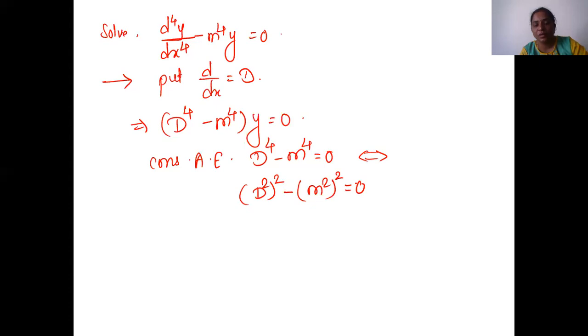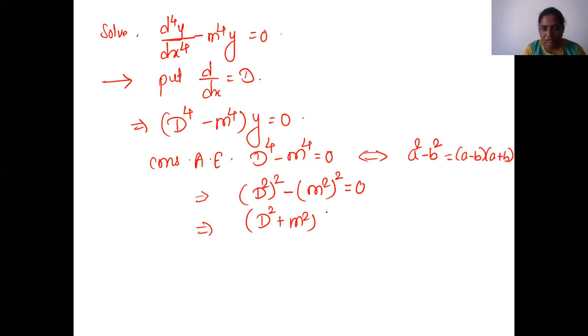Yes, A square minus B square is A plus B into A minus B. So this is A square minus B square form. This is your A, this is your B. So it is A plus B into A minus B equal to 0.